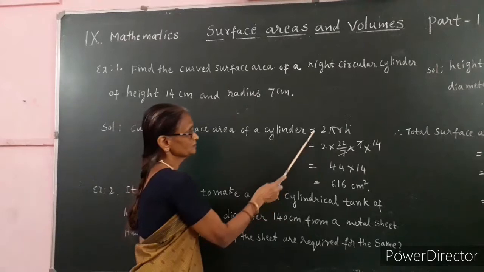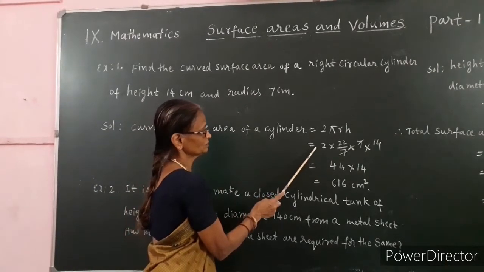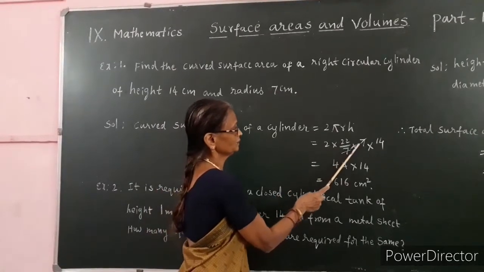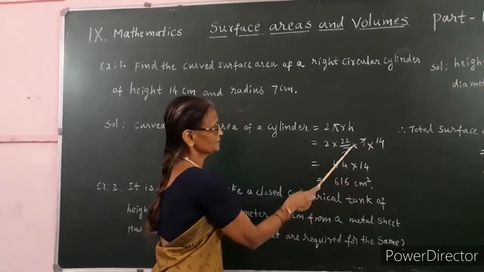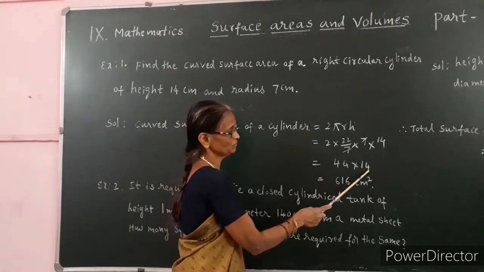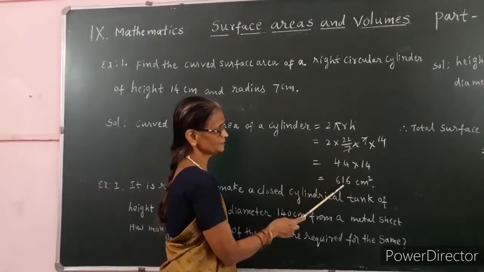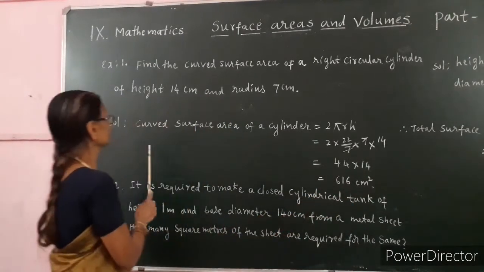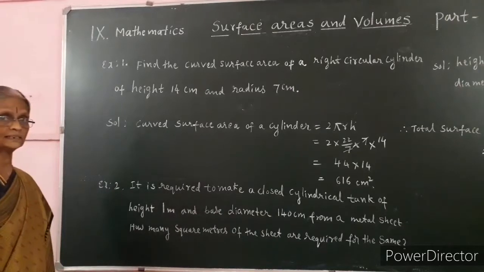Substitute the values in the formula. Equal to 2 into pi value 22 by 7 into 7 into 14. 7 gets cancelled. Multiply 2 into 22 is 44, into 14. Multiplying, we get 616 centimeter square. This is the curved surface area of the cylinder.